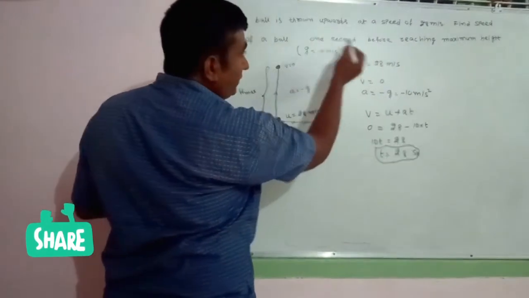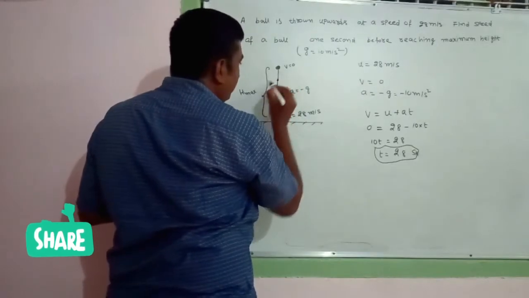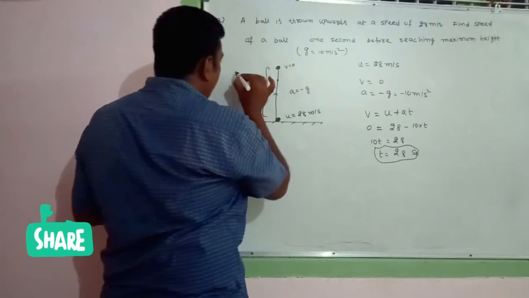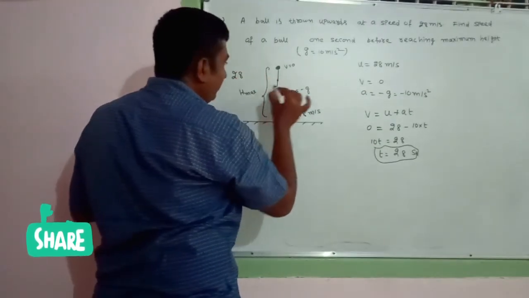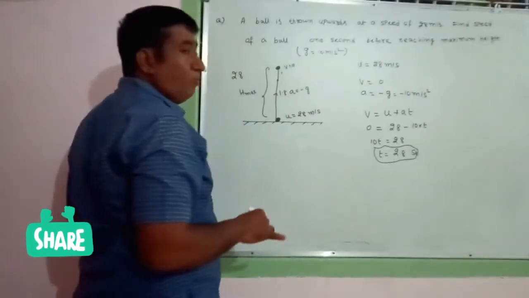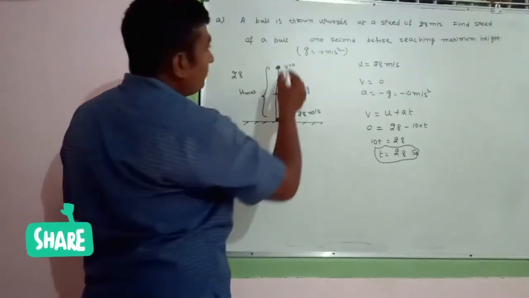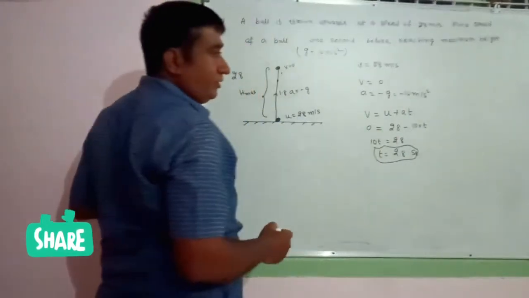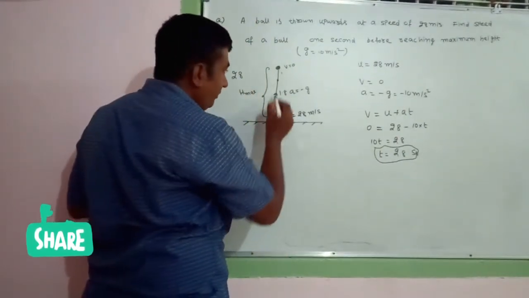So 1 second before means, as an example, if the total is 2.8 seconds, this will be 1.8 seconds and this will be the 1 second before reaching maximum height.